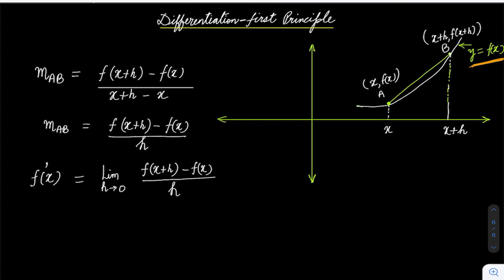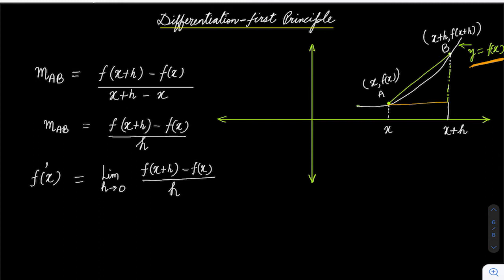Okay, so now if you join these 2 points A and B, you will get a chord, right? Because the points are on the curve and you join them. So what's the gradient of this chord? Gradient we know is change in y divided by change in x.